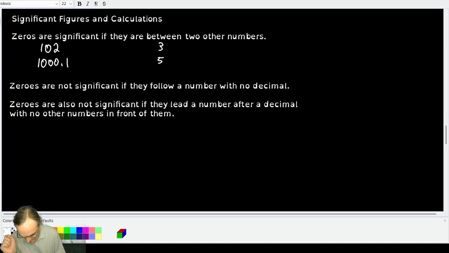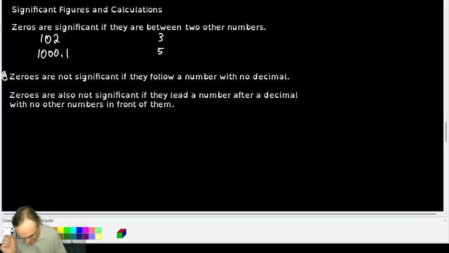Let's give these letters, A and B. A will be examples of zeros are not significant if they follow a number with no decimal. B's will be zeros are also not significant if they lead a number after a decimal with no other numbers in front of them.